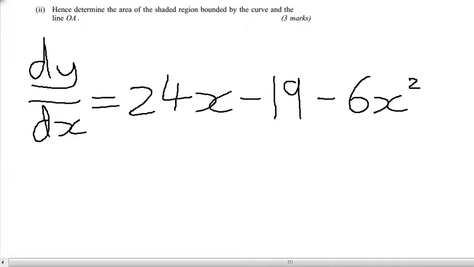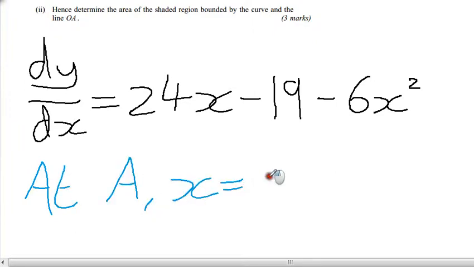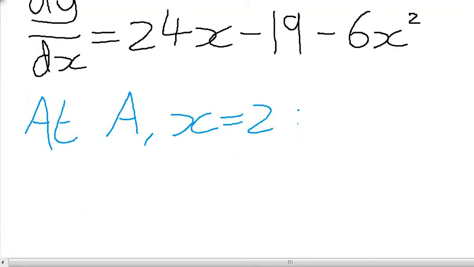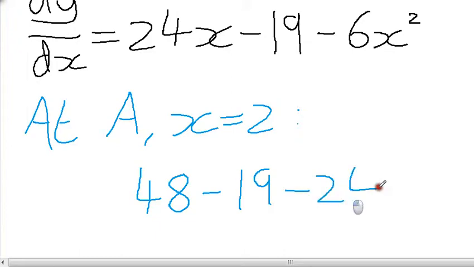So at A, x equals 2: 24 times 2 is 48, minus 19, minus 2 squared is 4 times minus 6 is minus 24, and that is equal to 5.